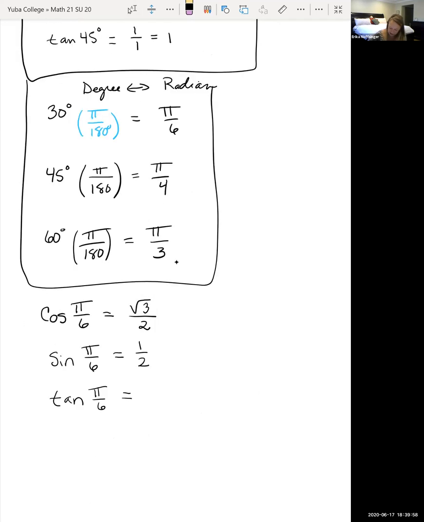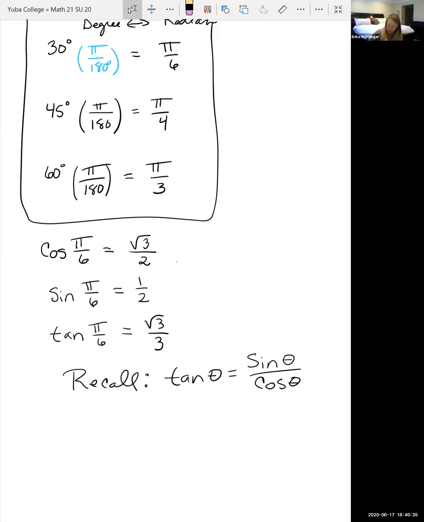Let me just check. I did check because I knew it would be faster than doing it this way, but let's say I didn't remember tangent. As long as we know sine and cosine, we can always derive the other 4 trig functions. Remember that tangent theta is equal to sine theta over cosine theta. So technically, if I just memorize these 2 trig functions, I'm good.